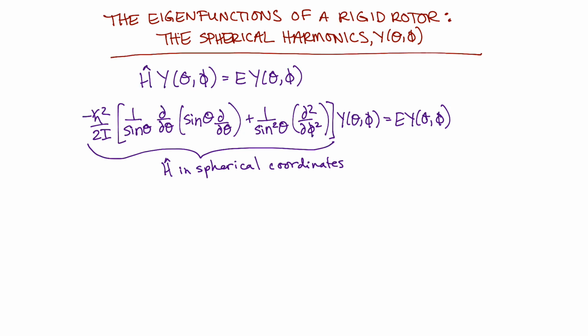Remember, we have no potential energy in our Hamiltonian for the rigid rotor, according to our model assumptions. So this lovely mess is our Hamiltonian in spherical coordinates, then we have our wave function, and then we get our E, Y on the other end. We still have our moment of inertia in there, all the things we have already talked about in terms of our Hamiltonian.